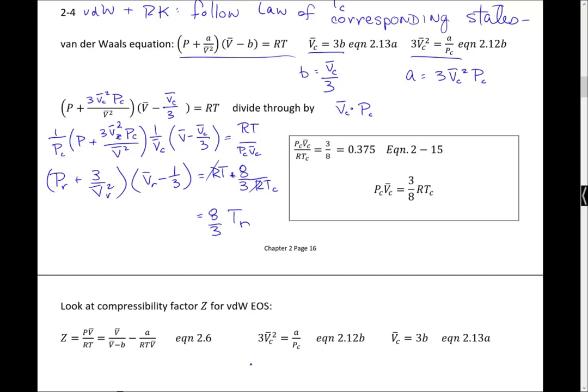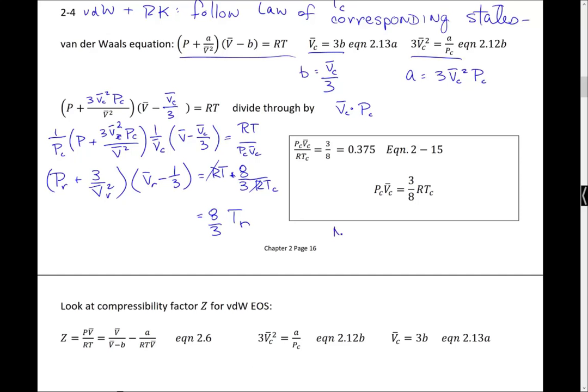We didn't change anything except what our variables are, right? And what we see is that we have no parameters A and B, right? And that tells us it works for all fluids, right? And we have no value of R in there, right? And the fact that we can derive this independent of the identity of the gas and it's related to the critical point, this tells us that we're following the law of corresponding states.